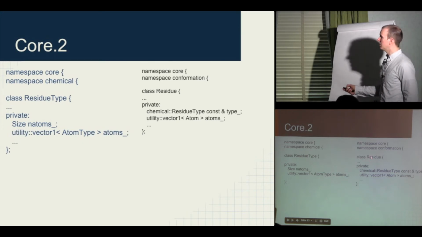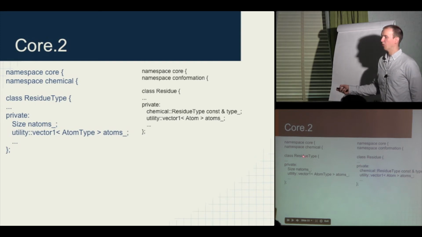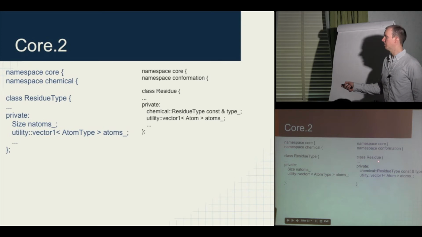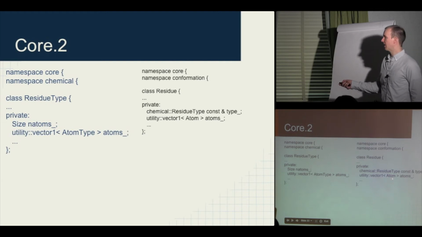And then in parallel, you have class residue, which has a reference to the residue type that it corresponds to. So if this were alanine 15 in 1 CRM, this would be a reference to the alanine residue type. And then this utility vector 1 of atoms would give you the actual coordinates for each of the atoms. The size of this vector would be given by this variable here, so it would have n atoms entries in this vector.